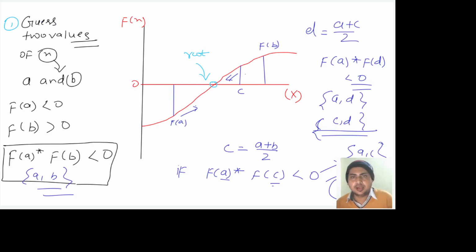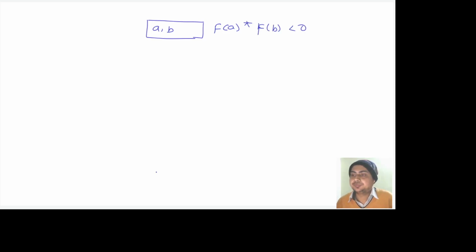And let's see, from the perspective of coding, how we will implement this. First we will guess a and b. The condition is the same: f of a into f of b should give a negative value.